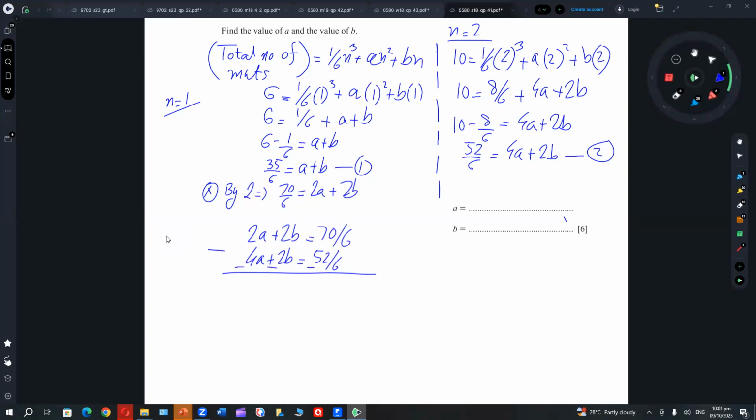Now look at this working. So minus 2a equal 3.